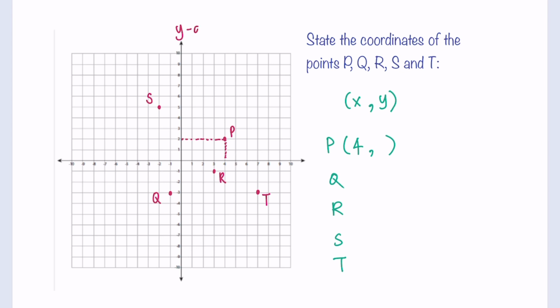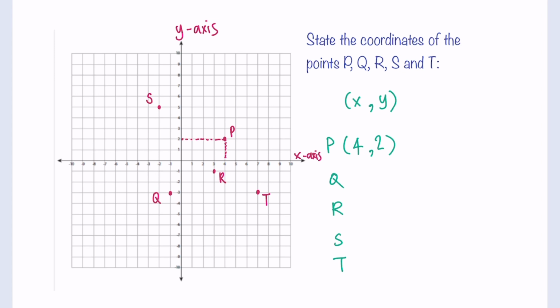So I'm going to call this y and this is the x. And going back to point P right here, extending towards the y-axis, we see that it is sitting on the 2. So it means that the y coordinate is 2. So that means that point P, the coordinates are 4 and 2.